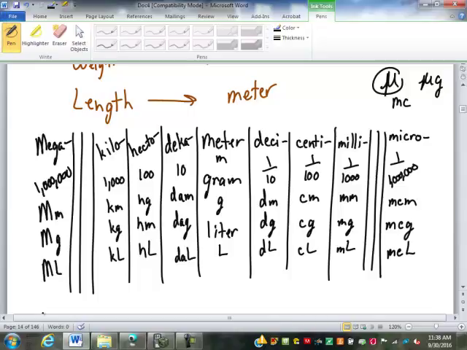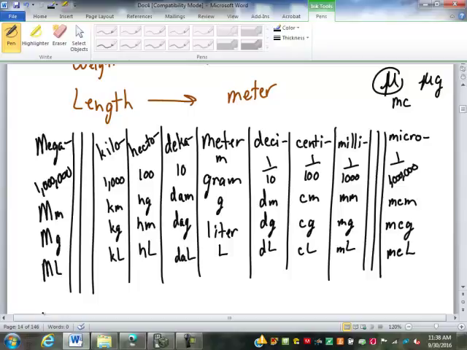Mega is pretty big. 1,000,000 of anything is pretty large. If we look at meters, the circumference of the Earth at the equator is about 25,000 kilometers. So that's only 25 megameters. So on Earth, the megameter is really not useful at all.